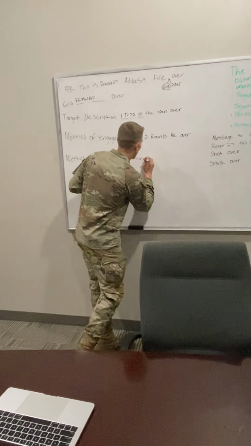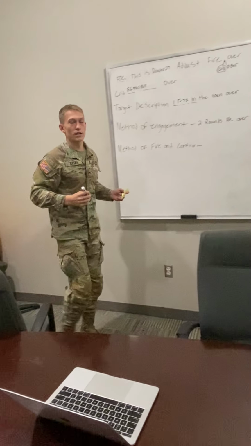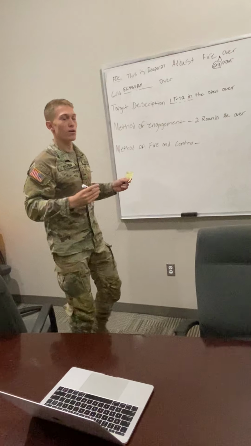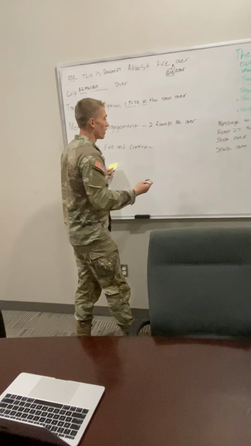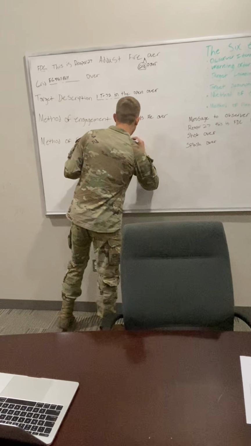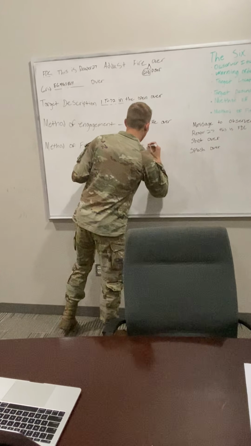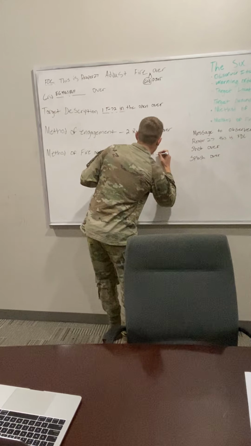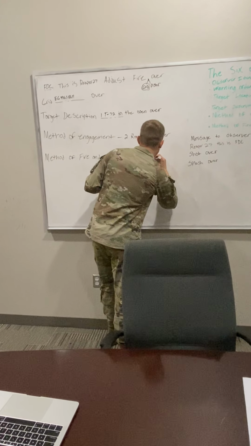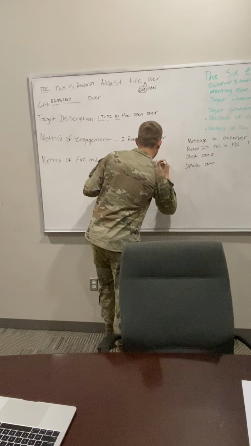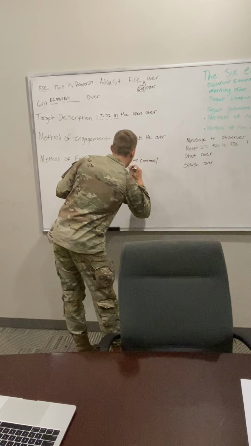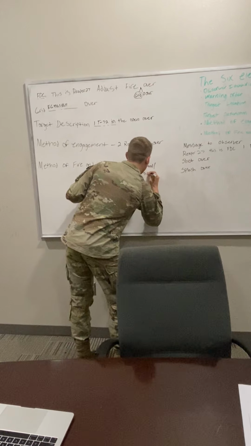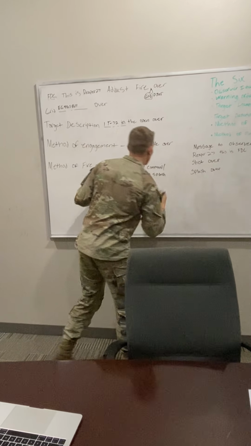This means you can use different commands, so you can say at my command. That means whenever you're ready for them to start firing, they'll wait for your call. There are loads of other ones you can find in Army published documents, but at my command, and another commonly used one is request splash. I highly recommend this one because you want to know when your round impacts.